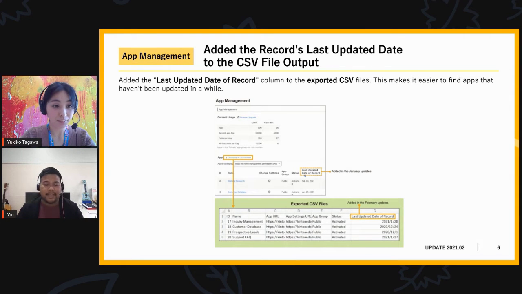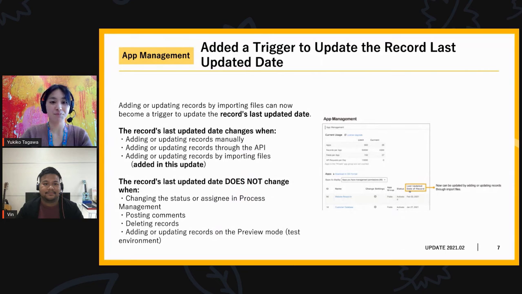And until now, this last updated date of record information was only available on the app management page. But this time, we've made it so the same update information is viewable when you download the app management data in CSV format. Oh, got it. It became more convenient. Exactly. Okay, so let's move on to the next.